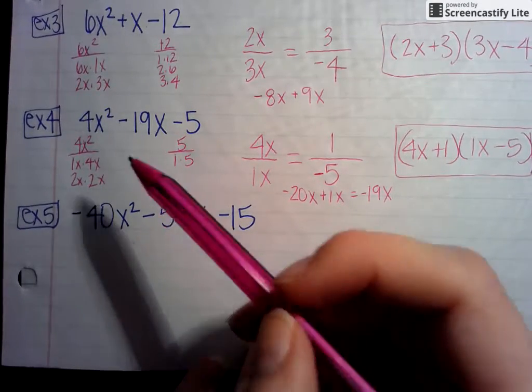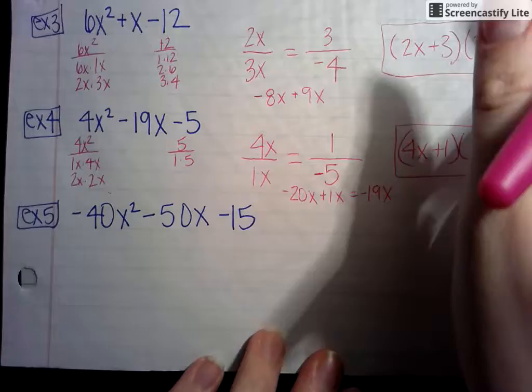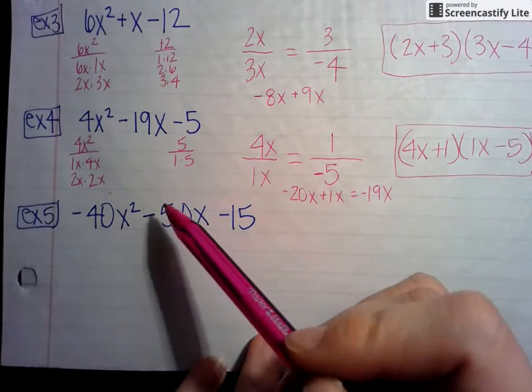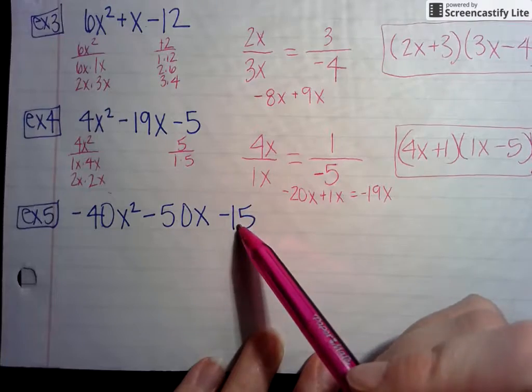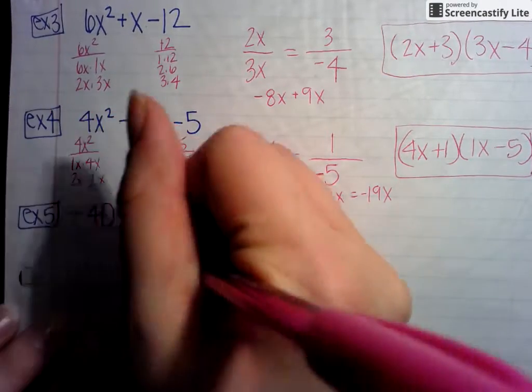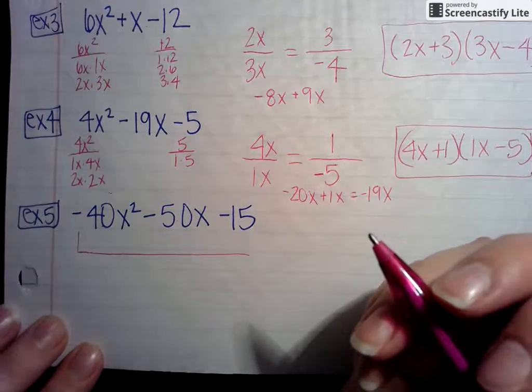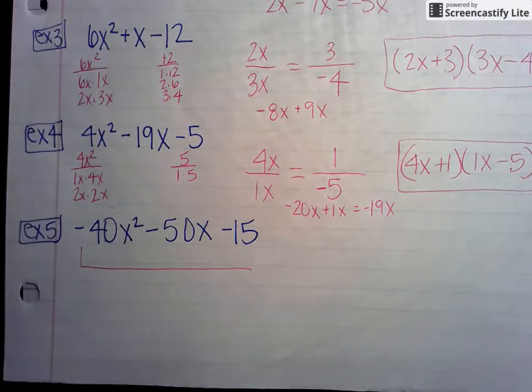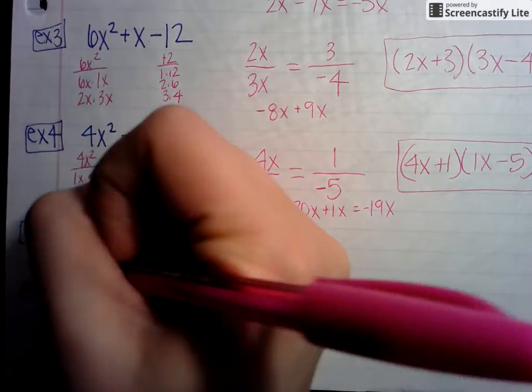Now this one, I noticed that my a value is negative, and that can't happen. Also, I noticed that negative 40, negative 50, and negative 15 have a GCF in common. So what I'm going to do is take out what's in common with them. Well, I noticed that negative 40, negative 50, and negative 15 all have negative 5 in common.